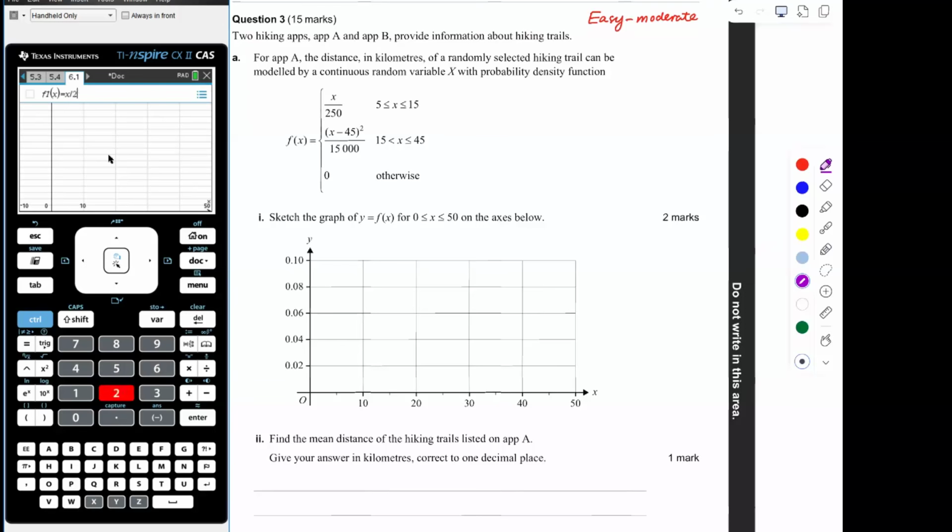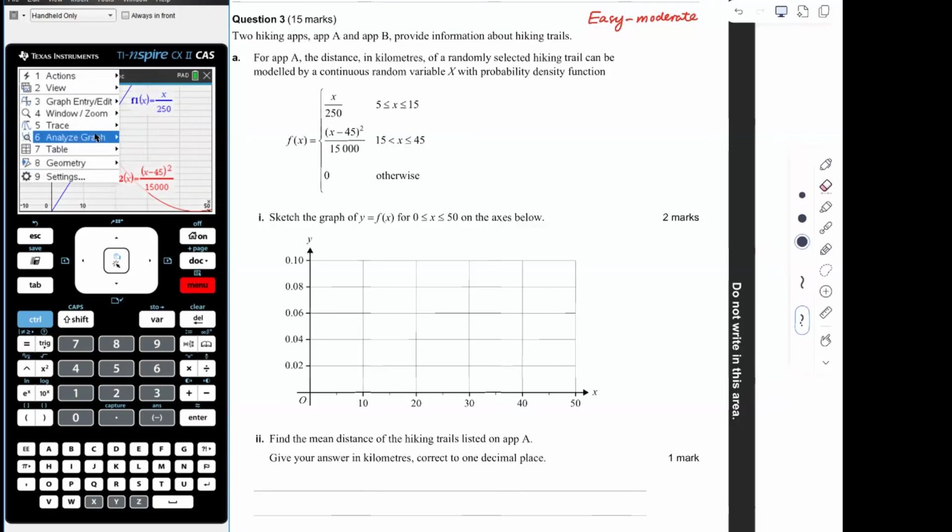And I just do x over 250, and I'll just do x minus 45 squared over 15000. So you can see they intersect at 15, 0.06.